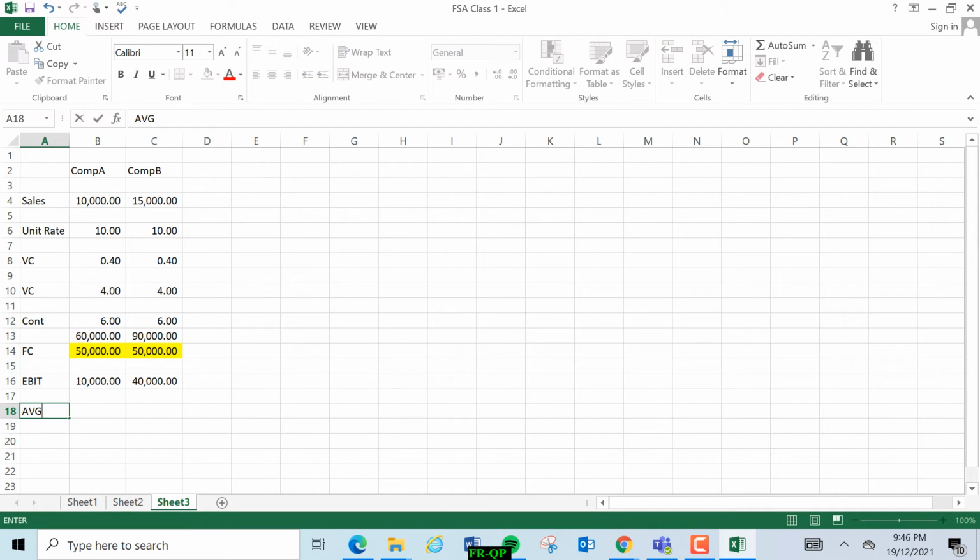See, what is the average fixed cost here? Or you can say what is the total cost here? 50,000 plus 10,000 multiplied by 4.